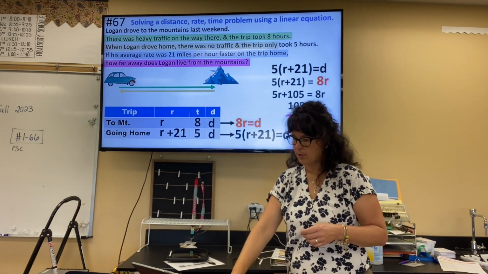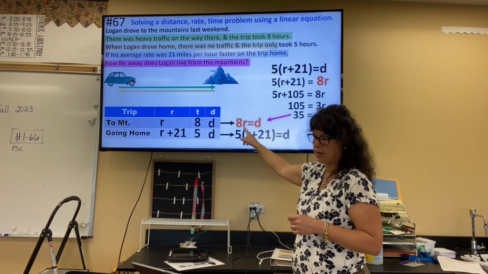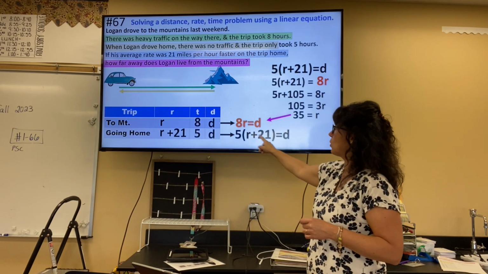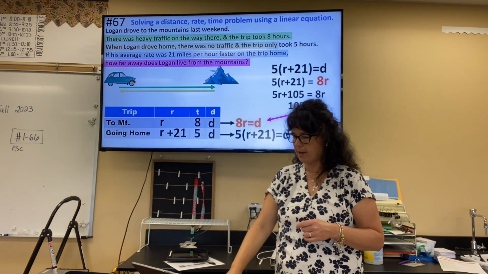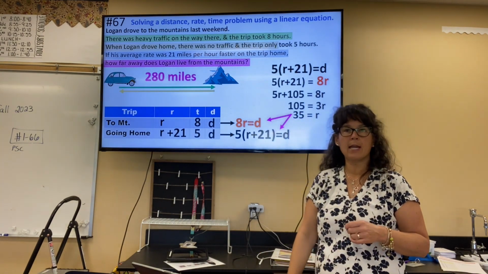So putting the 35 in here, I'd have 8 times 35, or if I put the 35 here, 35 plus 21 multiplied by 5, and both of those end up being 280 miles.